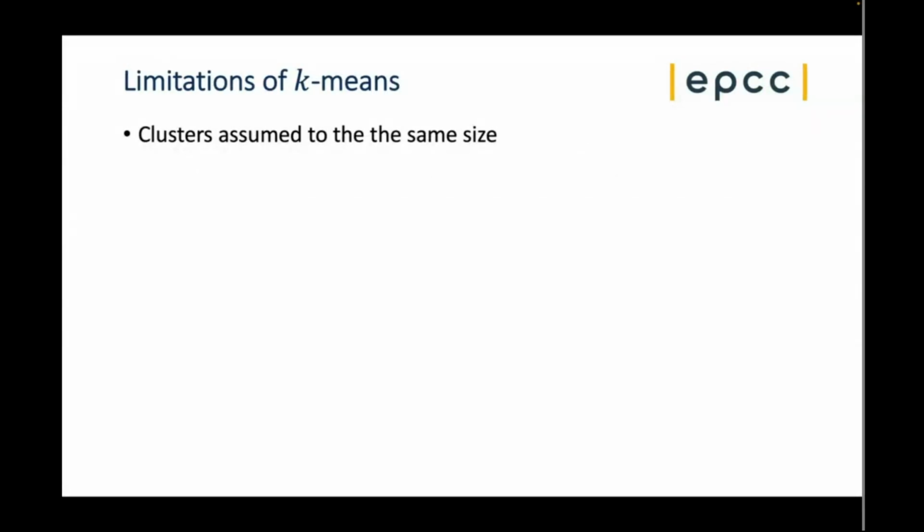So this algorithm has some limitations. The clusters are assumed to be of the same size. So if you had an example like this, a human looking at this would probably say, okay, we have one big cluster and two little clusters up there.